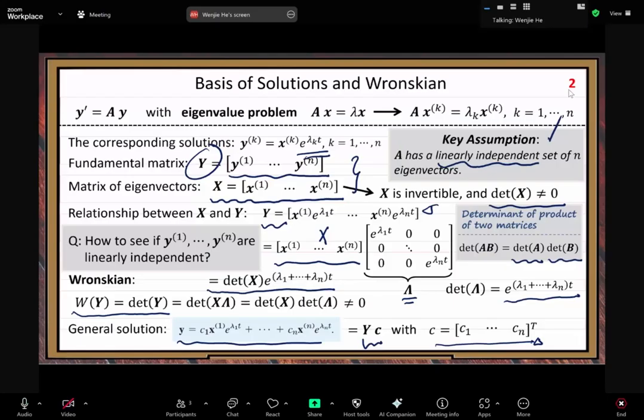If I write a column vector, I use a lot of space, so I write a row vector to use less space, but I put a transpose on it to make it a column vector.